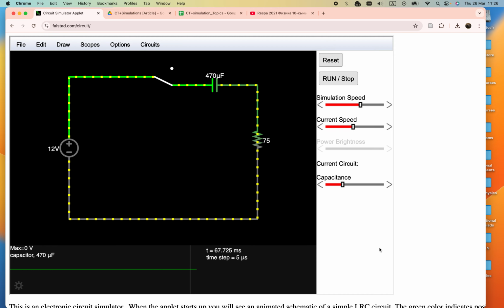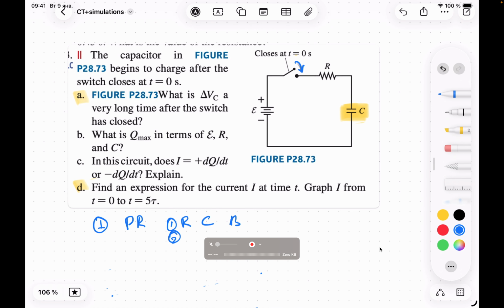So this is our second pattern. The last one is that after a long time, the current becomes almost zero. That's our patterns.